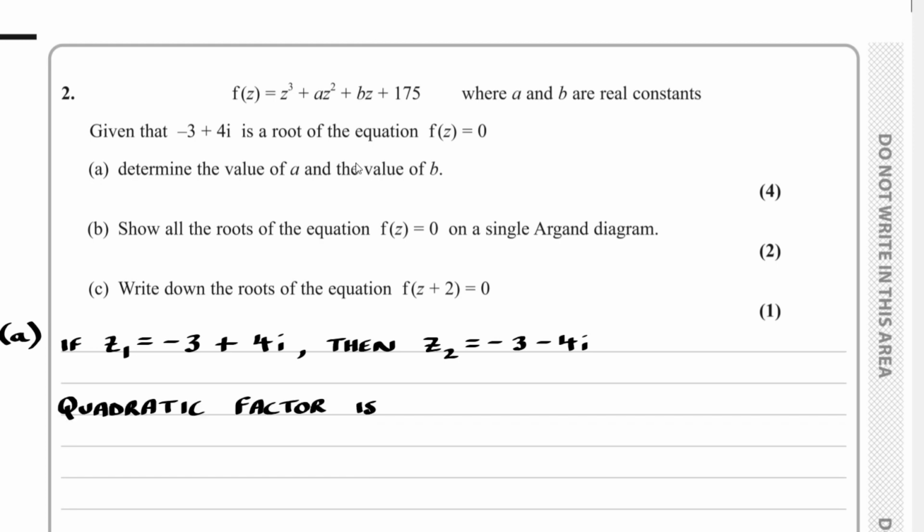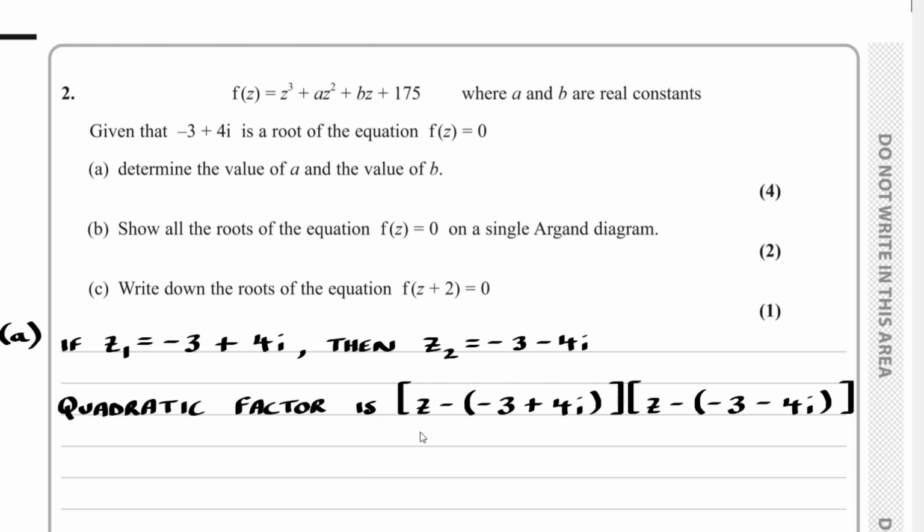So for our quadratic factor, we would have (z subtract (negative 3 plus 4i)) multiplied by (z subtract (negative 3 subtract 4i)).